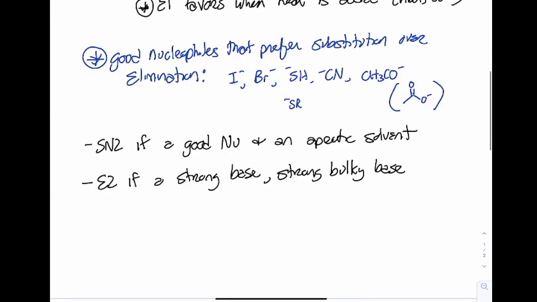So again, our strong bases: hydroxide ions, NH2 minus, OR minus. We could do the nitrogen with 2 R groups, 2 hydrogens, 1 hydrogen and 1 R group. These would all be considered strong bases.